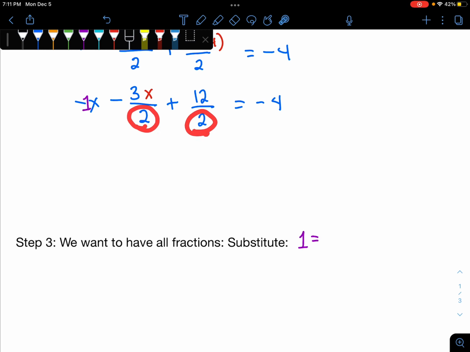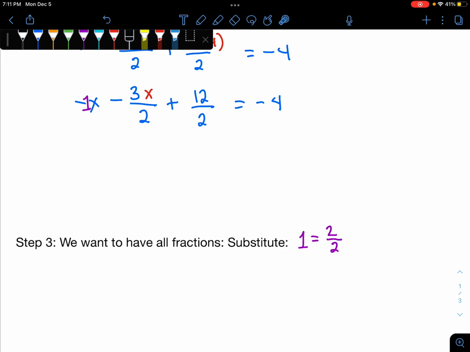So we have the denominator of 2. So that means I can substitute 1 equals 2 over 2 because the denominator here is 2. I could also substitute in 3 over 3, 4 over 4, 5 over 5. It depends on the denominators here. So in this case, we are going to substitute in 2 over 2 because the denominator here is 2.